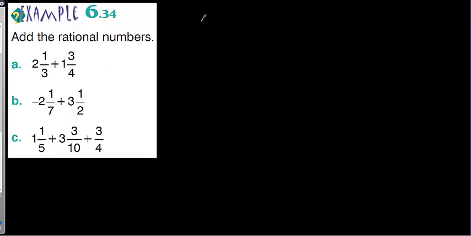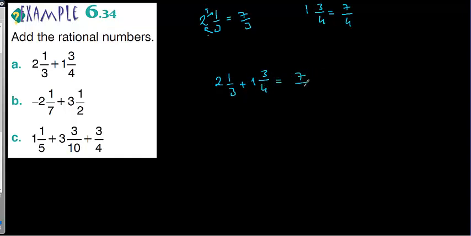So 2 and 1 over 3 is equal to 3 times 2 plus 1, which is equal to 7 over 3. 4 times 1 is 4, plus 3, it's equal to 1 and 3 over 4, which is 7 over 4 again. So 2 and 1 over 3 plus 1 and 3 over 4 is equal to 7 over 3 plus 7 over 4.